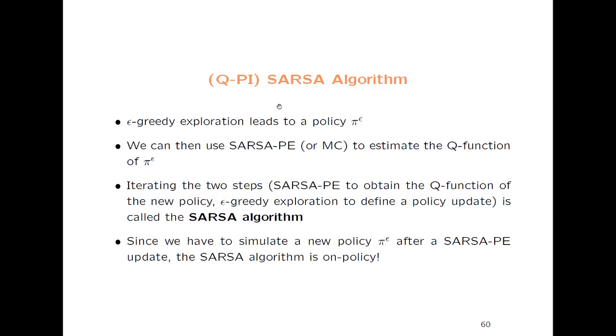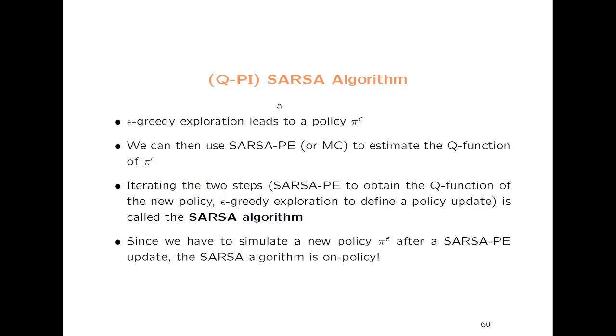So if we have a policy, and in this case it's a probabilistic policy, so for a given state we can use different actions, then we can evaluate the policy and get the Q function using the SARSA policy evaluation.